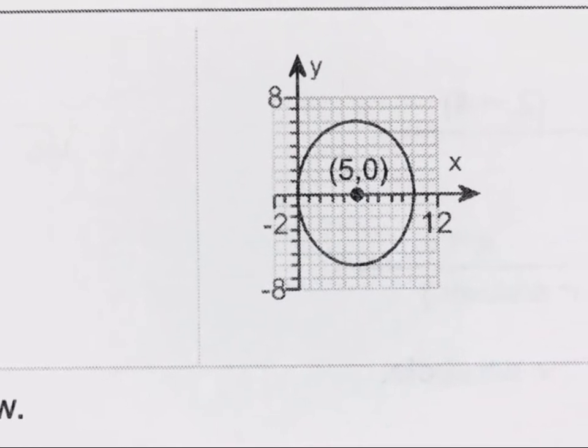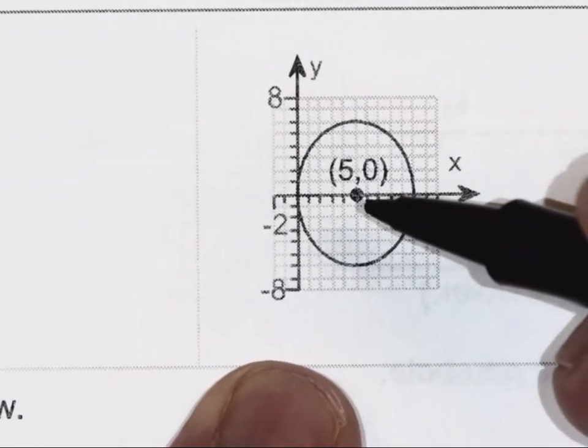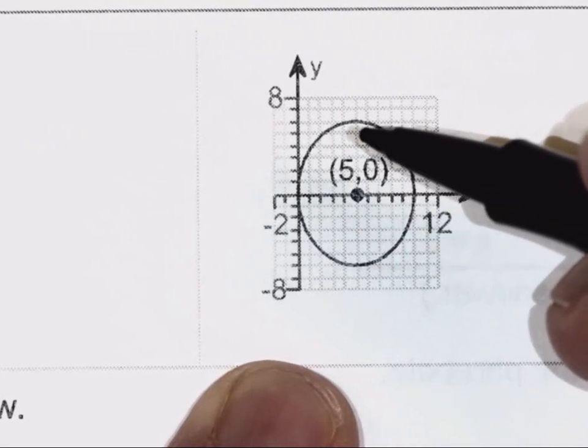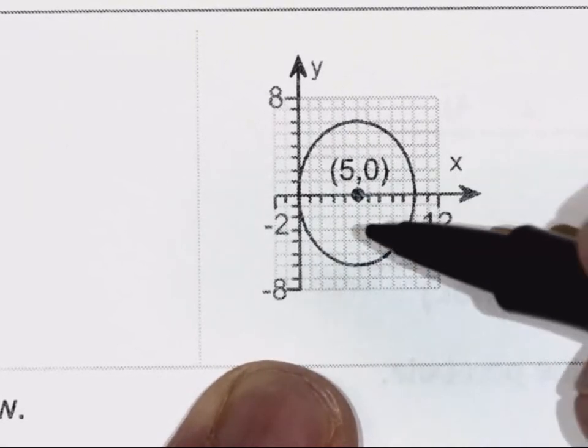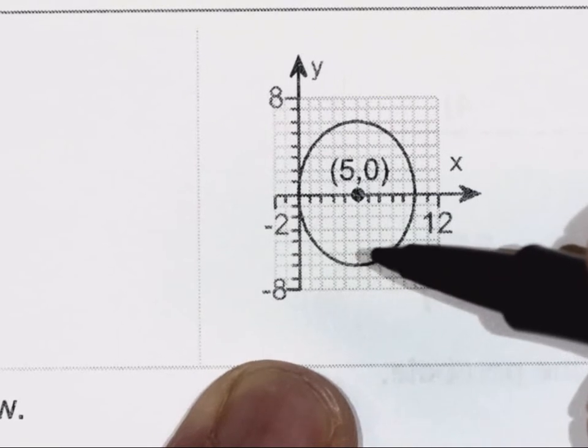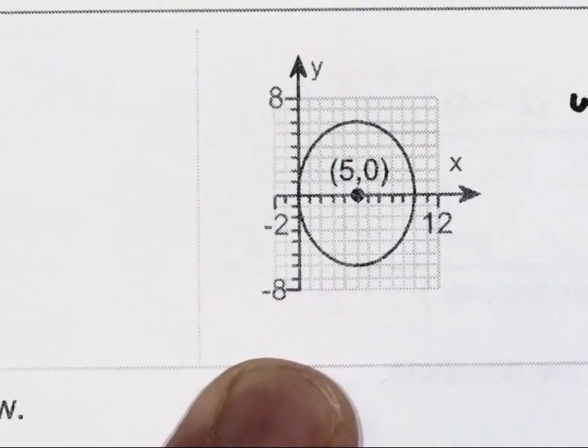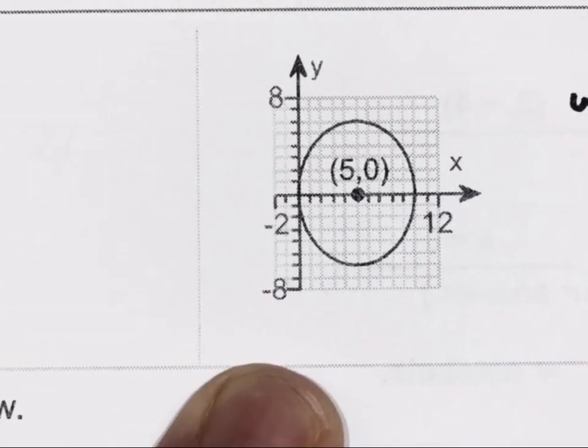Now, looks to me like the center is 5, 0. Looks like when you go up, it goes to 6 and negative 6. So up and down it moves 6.